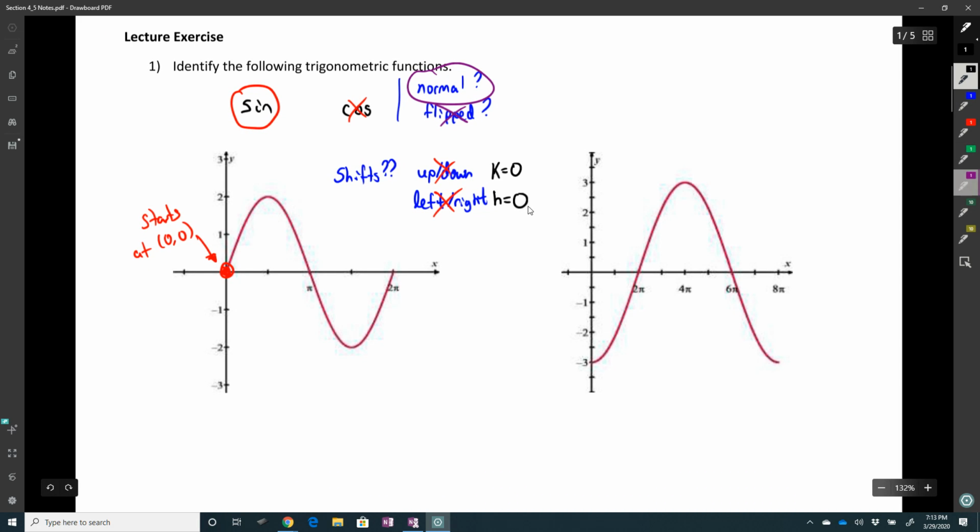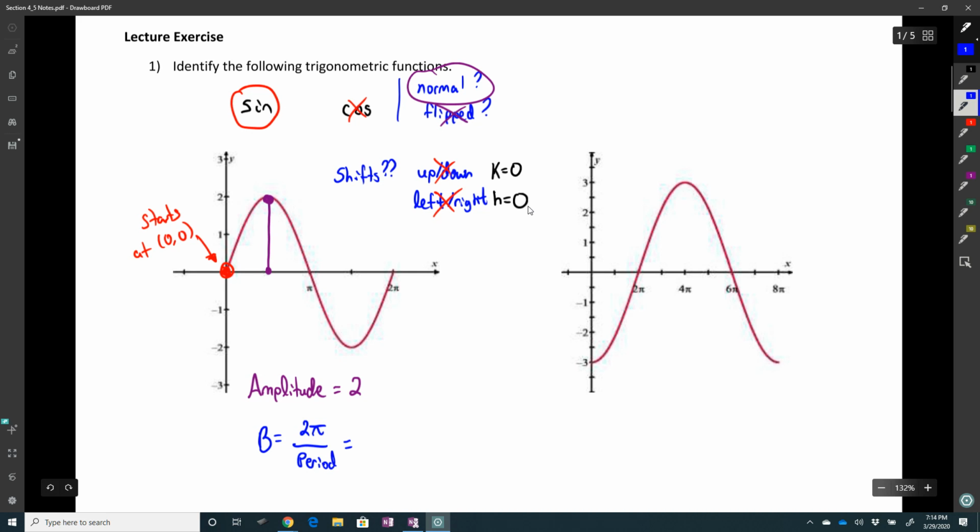Since there's no shift, I can see that the amplitude is just the height from the middle all the way to the top. So I know that the amplitude is 2. And I can figure out what b is because I know that b equals 2 pi over the period.